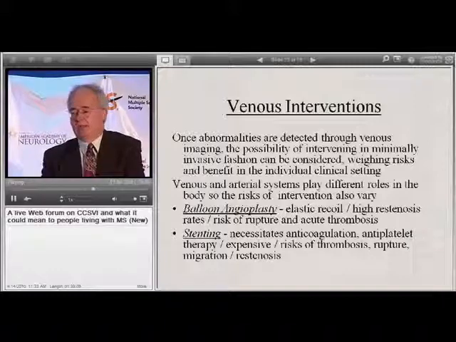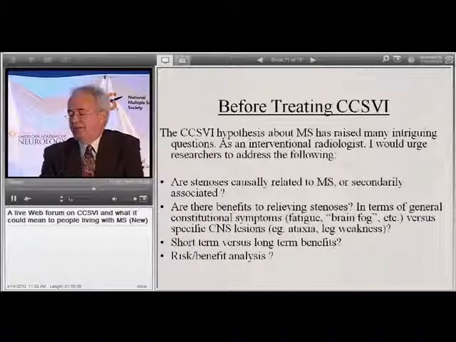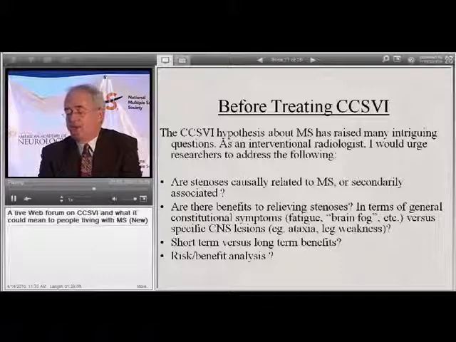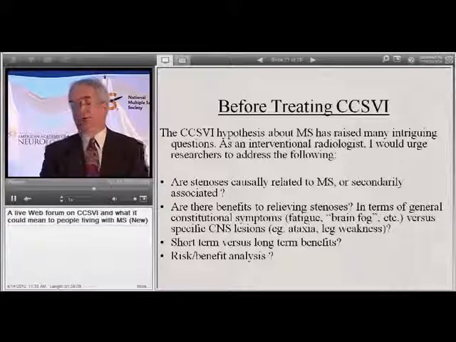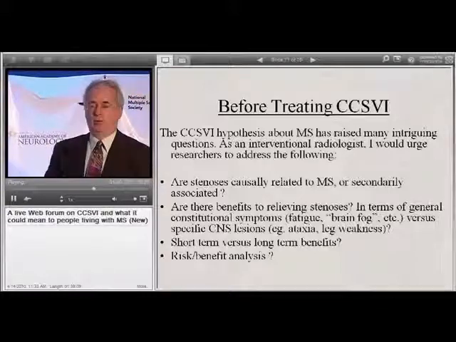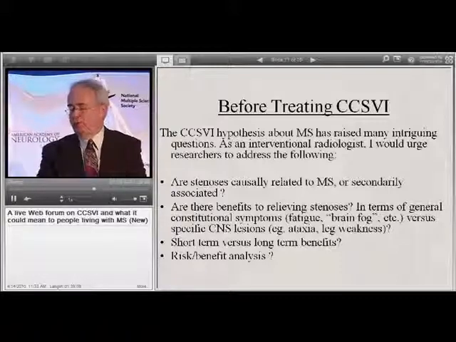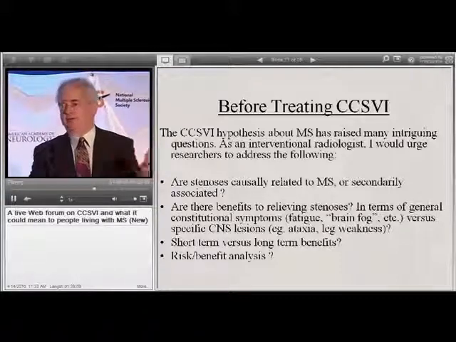So before treating CCSVI, we need to address a lot of questions. Are these stenoses causally related to MS or simply a secondary association? Are there benefits to relieving stenoses? What we have heard of are general constitutional benefits: patients who find that their fatigue is less, their brain fog has cleared up, they have a lot more energy.